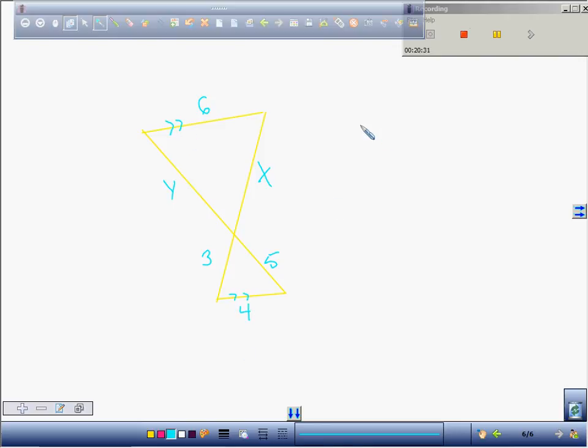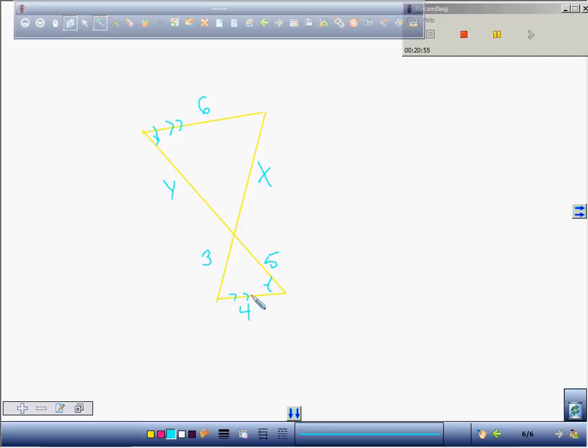Then what could I say to solve for x and y? Who can give me an equation? If these things are parallel, and I say find x and y, who can give me a proportion to find x and y? If these are parallel, 3 is to x and 5 is to y. If these are parallel, then this angle is congruent to this angle, right?